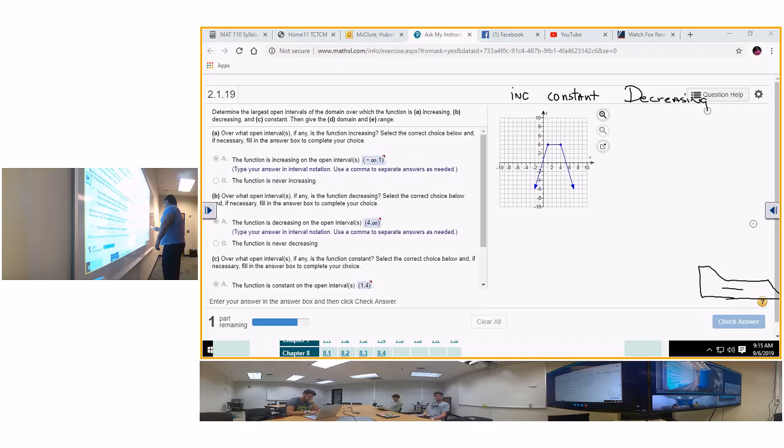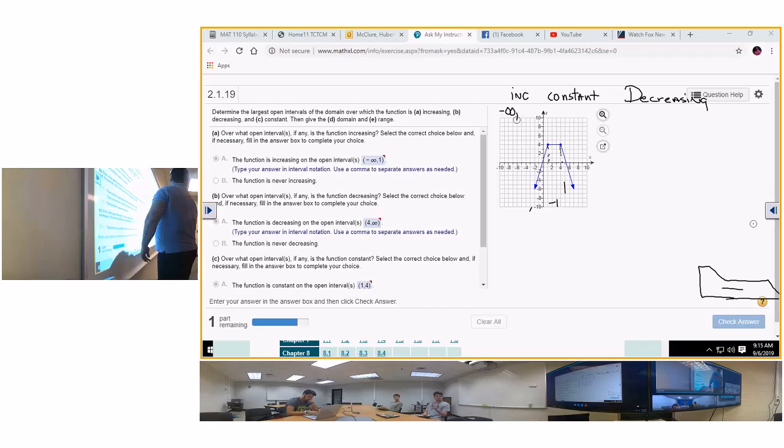So everything else is in terms of x. I'll draw a little line right here and a little line right there. All right, so from negative infinity to what x value are we increasing? 1. Thank you.